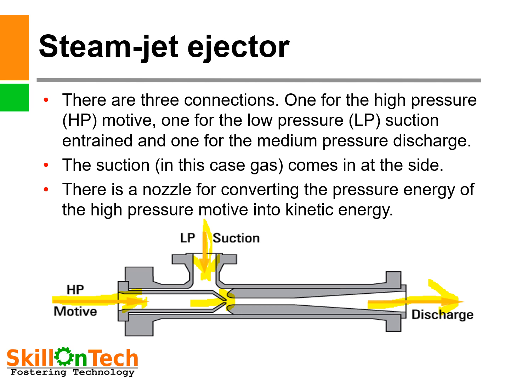So the suction, a pressure drop will be there, and this suction will also come along with this HP motive. That can be steam. Generally the HP motive is steam, and therefore this is called a steam jet ejector.